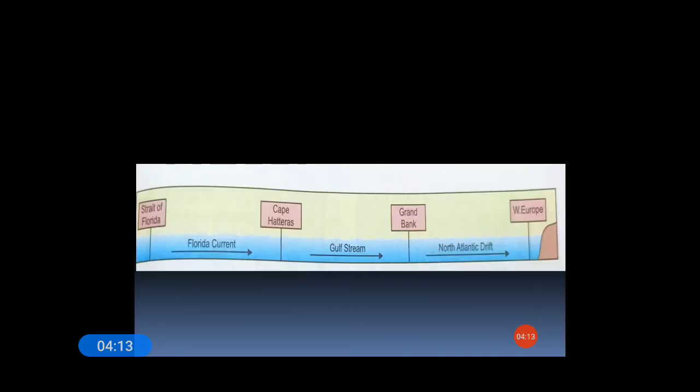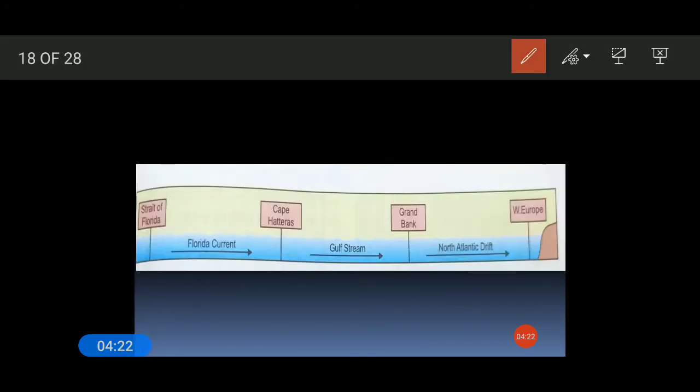Now you can also see the cross section that shows the movement of different warm ocean currents in the Atlantic Ocean, starting with the Florida current. It flows from the Strait of Florida to Cape Hatteras.